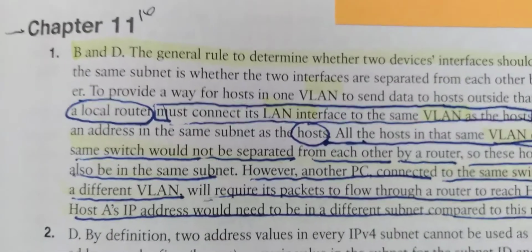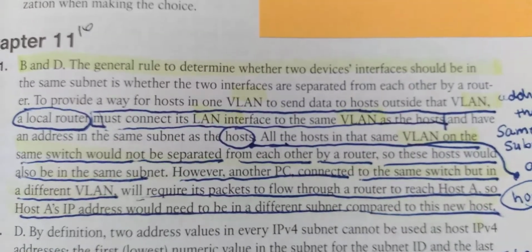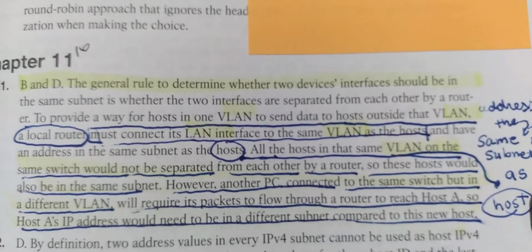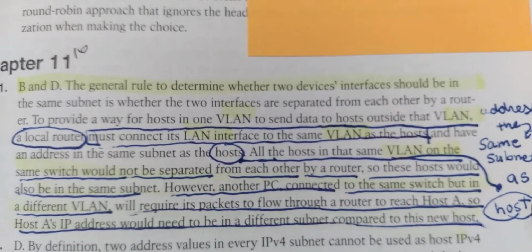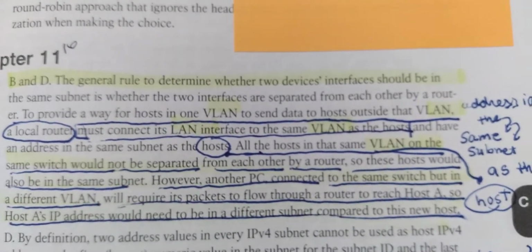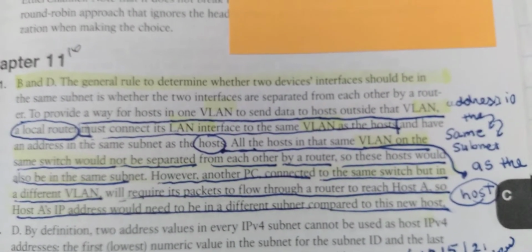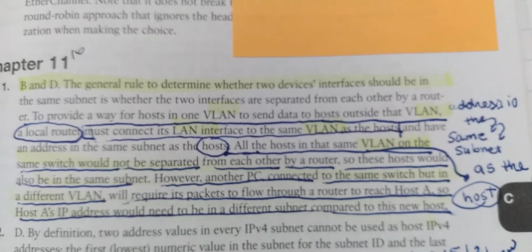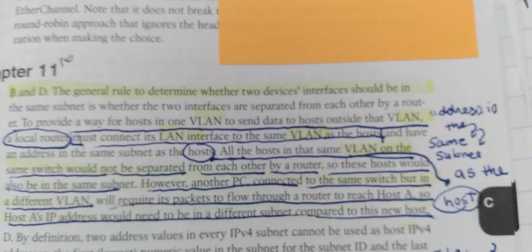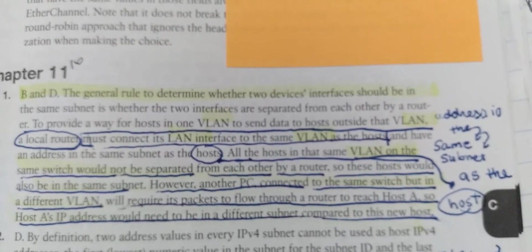And the reasoning behind the answers is that the general rule to determine whether 2 devices' interfaces should be in the same subnet is whether the 2 interfaces are separated from each other by a router. To provide a way for hosts in one VLAN to send data to hosts outside the VLAN, a local router must connect its LAN interface to the same VLAN as the host and have an address in the same subnet as the host.